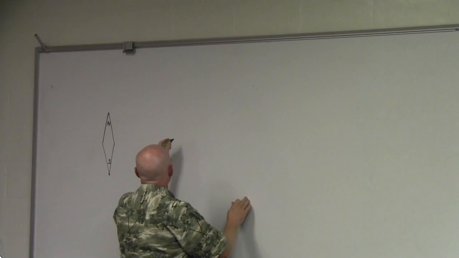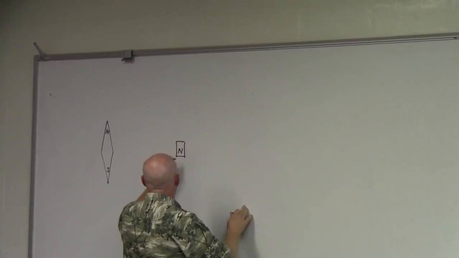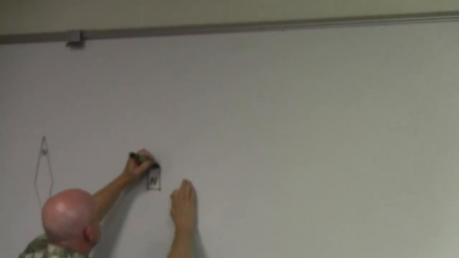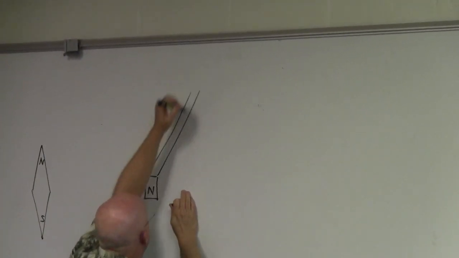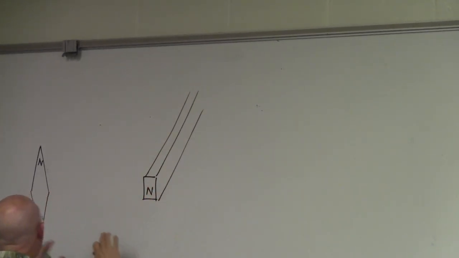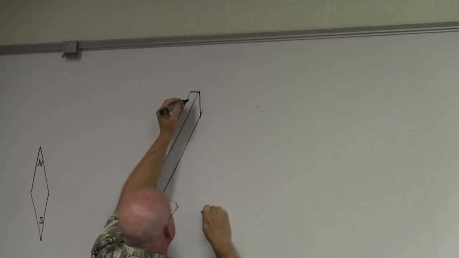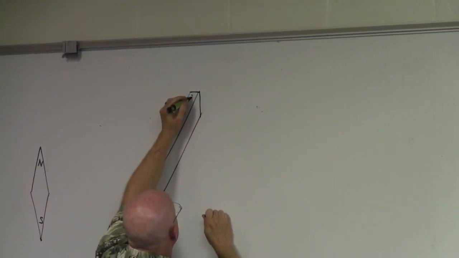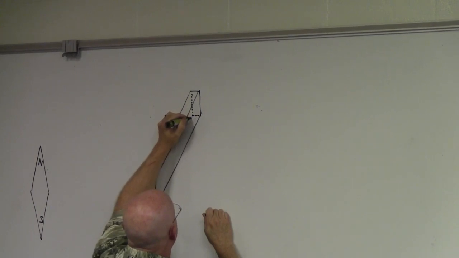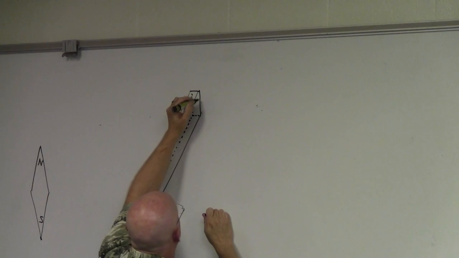My north pole, so I'll put north, is going to be in the same plane as my compass, and then a meter away, and kind of going into the board here, will be my south pole.